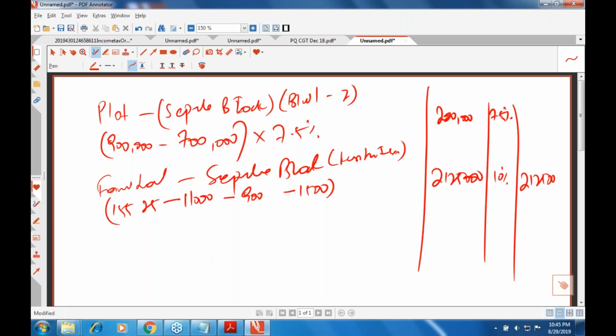The tax on it is going to be 7.5%. Let's move forward. So the tax on it is going to be 15,000.